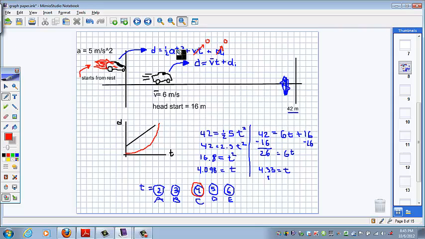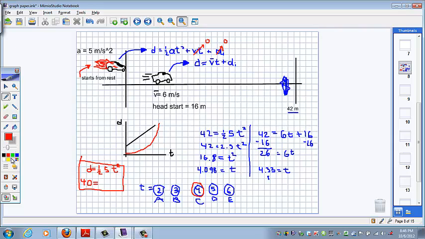a 4 into here, we get, I'll just write it out here, D equals 1/2 times A, half of 5 times t squared. If we put a 4 in here, we end up with a D of 40. So that's for the hot rod.